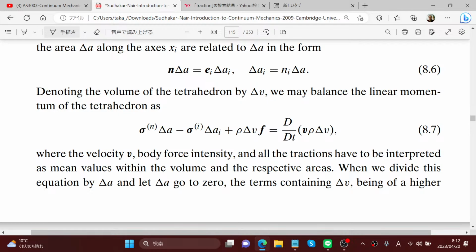Linear momentum of the tetrahedron as this, where the velocity v, body force intensity, and the traction have to be interpreted as mean values within the volume and respective area.